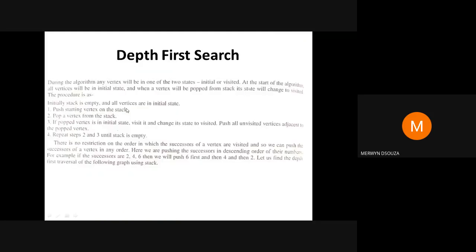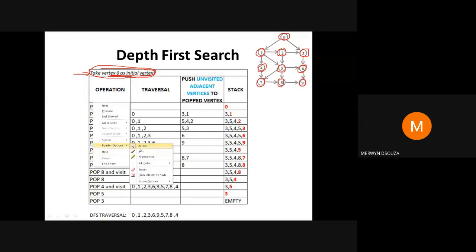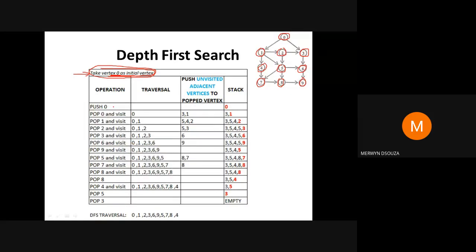So we'll quickly apply this algorithm. The first step: push the starting vertex on the stack. So we push this starting vertex on the stack. This is your stack. Whatever is red in the stack will be on top of the stack. Please remember, just to make it easy for you, I made whatever is the red value the top of the stack.